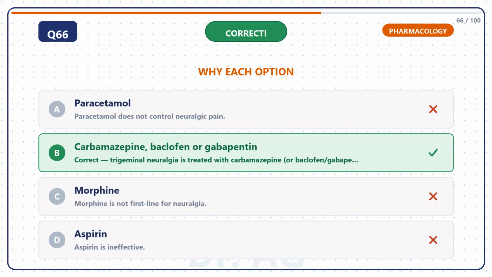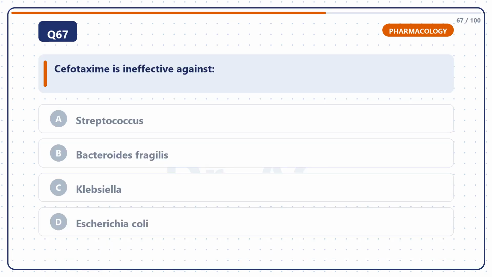And the correct answer is carbamazepine, baclofen or gabapentin. Correct. Trigeminal neuralgia is treated with carbamazepine, baclofen or gabapentin. So, the right answer is option B. Carbamazepine, baclofen or gabapentin.